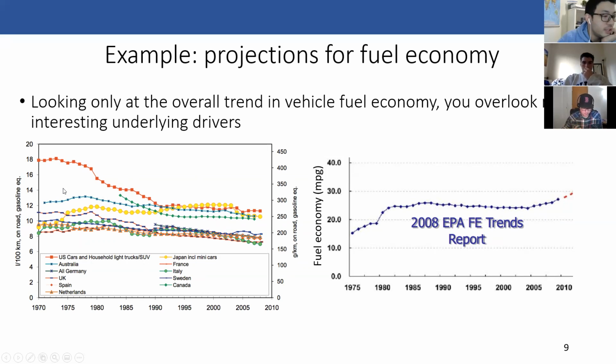You'll note that the United States is here in the red, and it's decreasing over time. You can see the same thing over here, but this is increasing, and the reason for that is because this is liters per kilometer, whereas this is miles per gallon, and so they're inversely being portrayed.